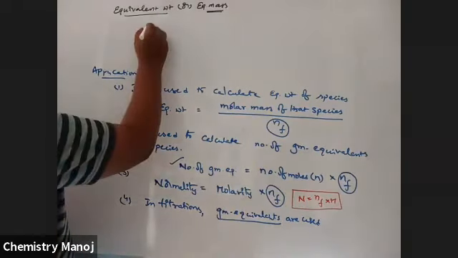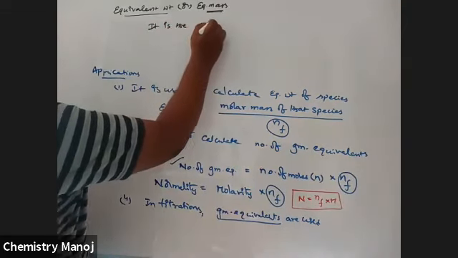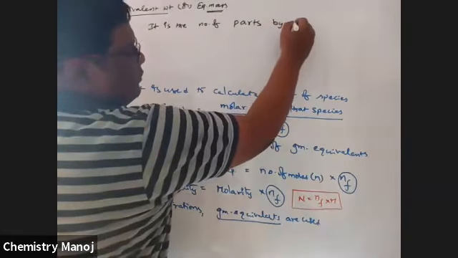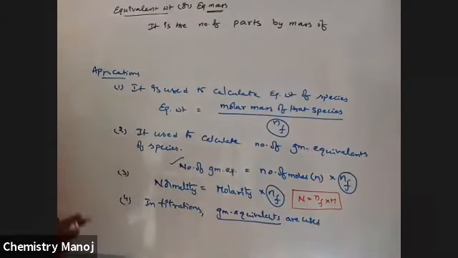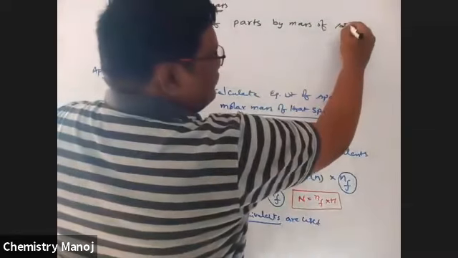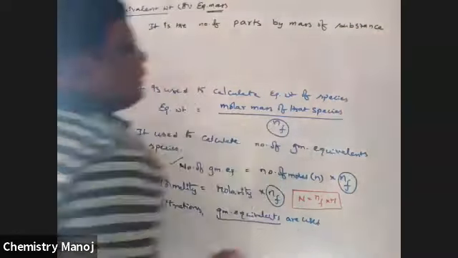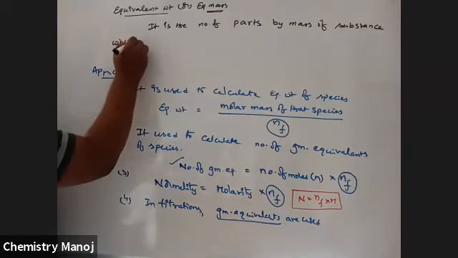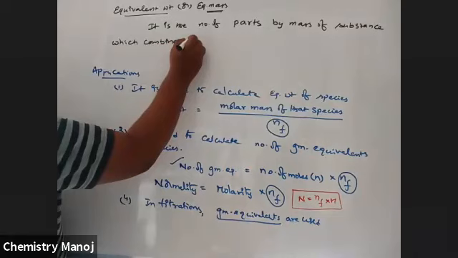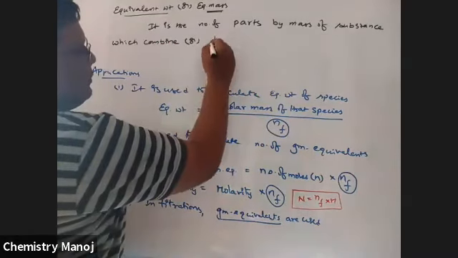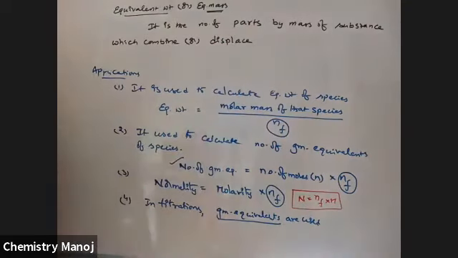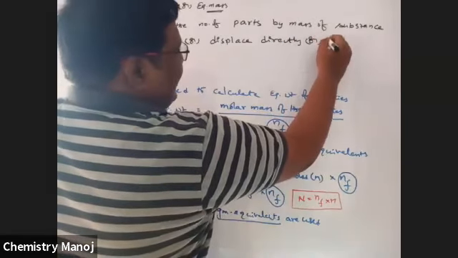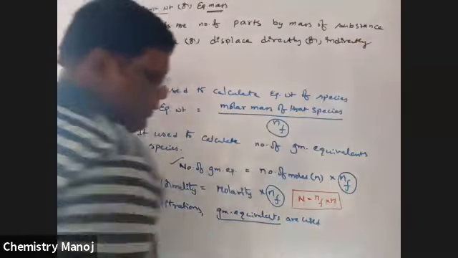Equivalent weight is the number of parts by mass of a substance which combine or react or displace, directly or indirectly.